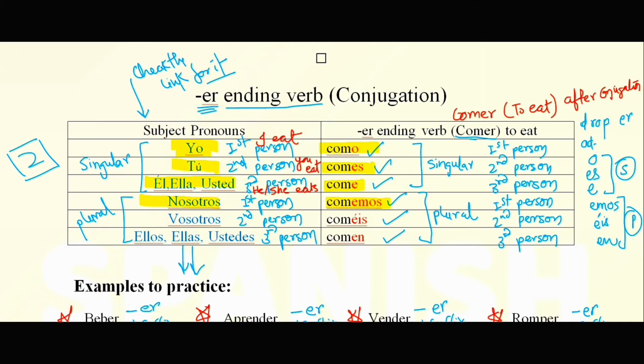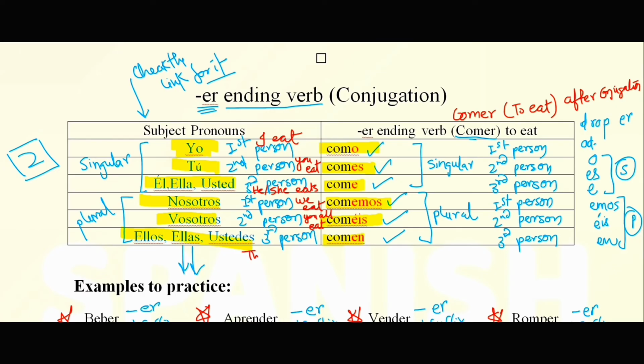Nosotros comemos, we all eat. Vosotros coméis, you all eat. Ellos, ellas, ustedes comen.